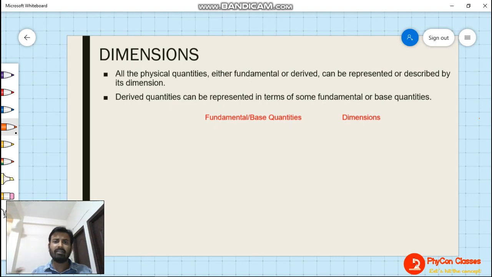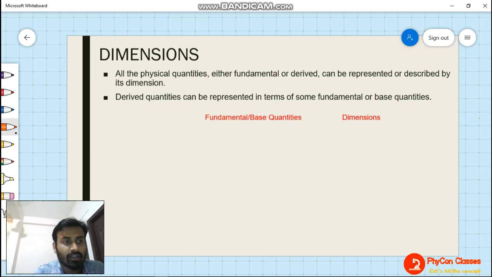Physical quantities can be derived or fundamental. Fundamental quantities are the base. Other quantities will be the combination of fundamental quantities. If we assign some notation to fundamental quantities, then for derived quantities, we can get the dimension by using the fundamental dimensional representation. Understand?